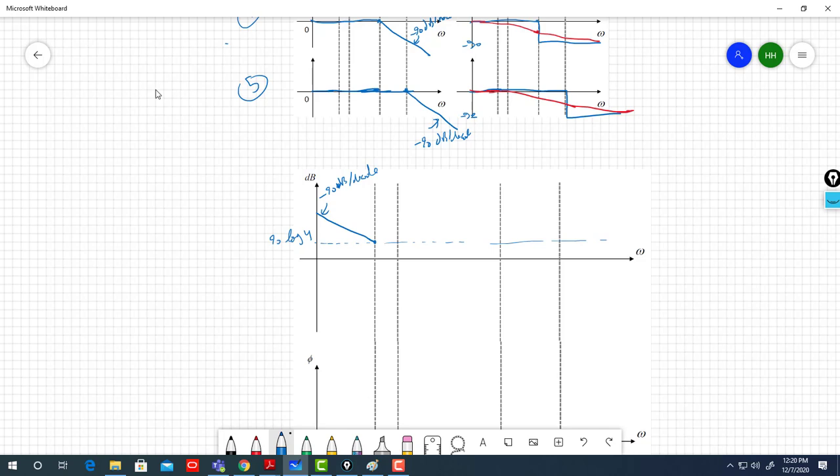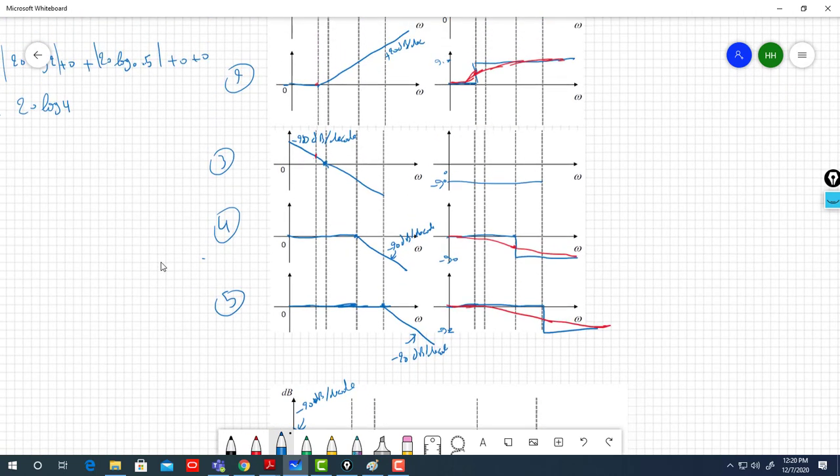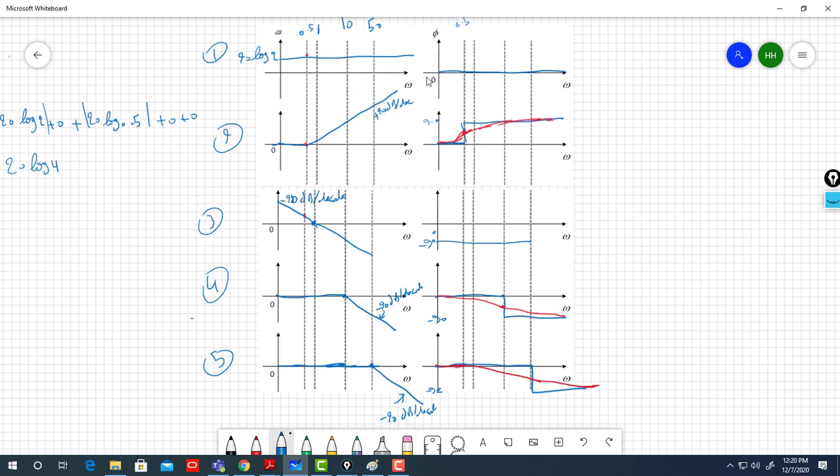What will happen after this one? If you look at the whole Bode diagram, here it is constant, and here, look very well, it is plus 20 decibel per decade, and after 0.5 it is minus 20 decibel per decade. So these cancel each other.